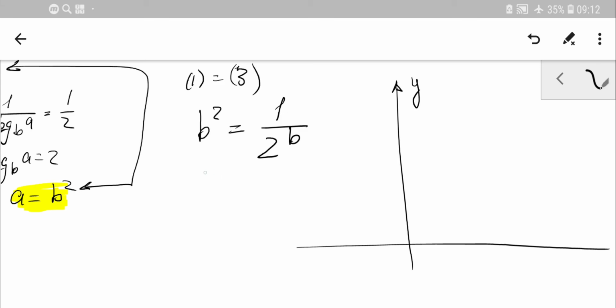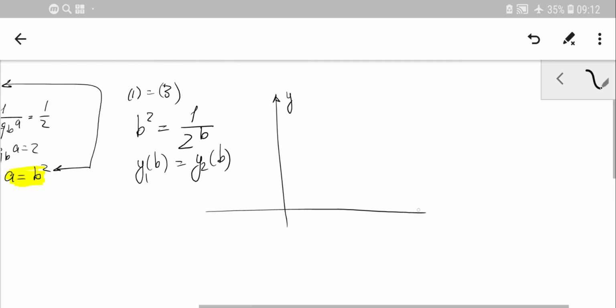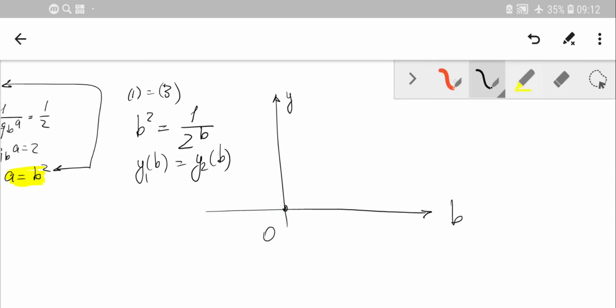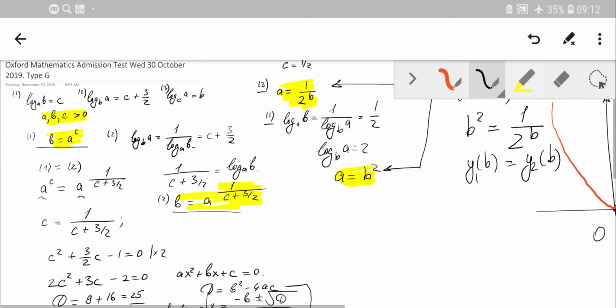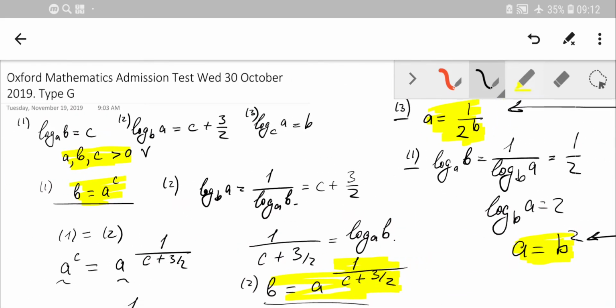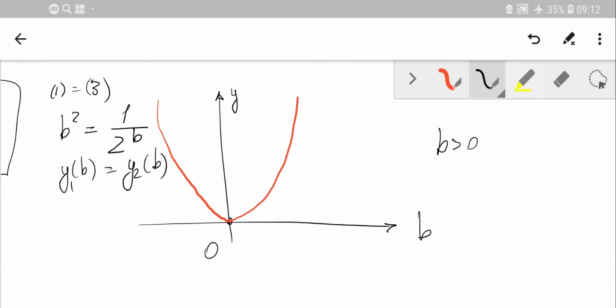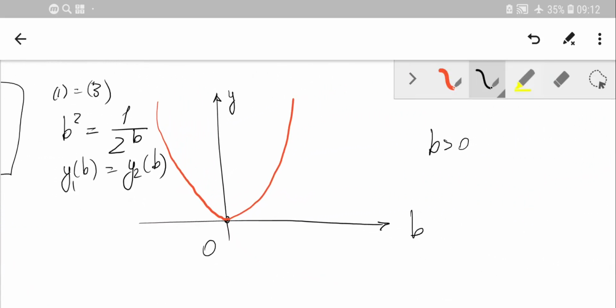So we draw the graph y1 of B for the left side and y2 of B for the right side. The first one is a basic parabola, and the second is 1 over 2 to the power of B. Because we know B must be more than 0 according to the limitations, we are not supposed to consider the left-hand side of the graph.